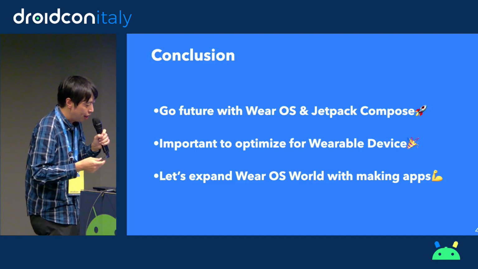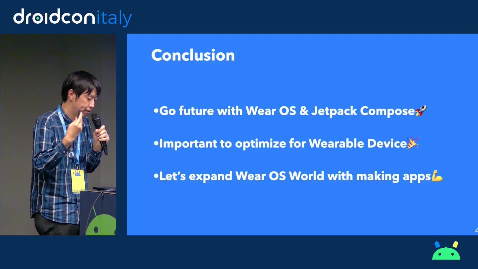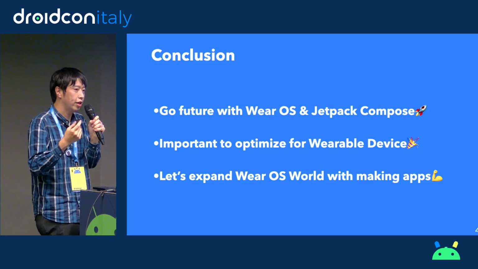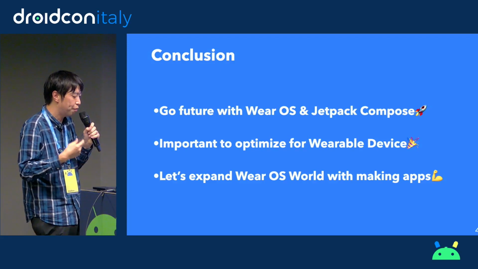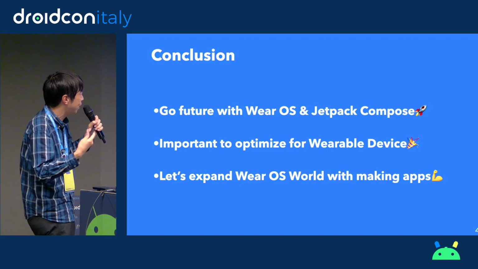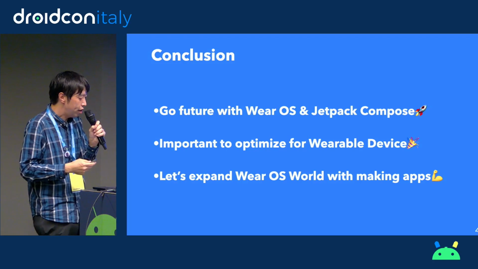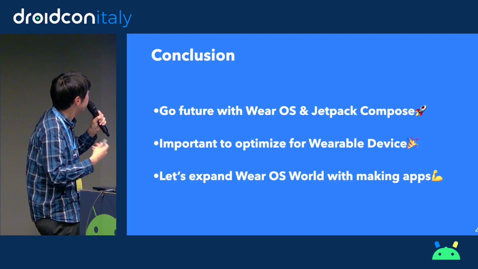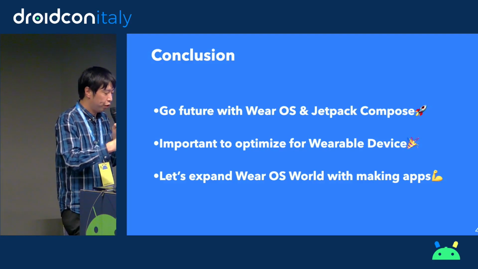It's because if we don't take care of Wear OS specifications and characteristics, we can't provide any good application. So it's very important how to optimize for wearable devices. And let's expand the Wear OS world by making apps. I think it's a very important point.